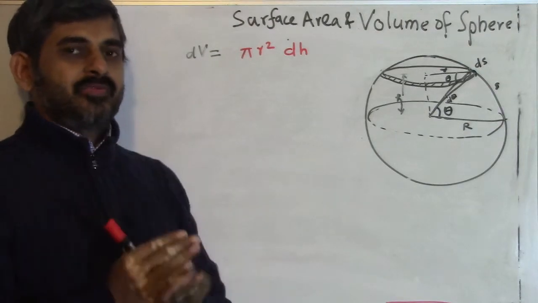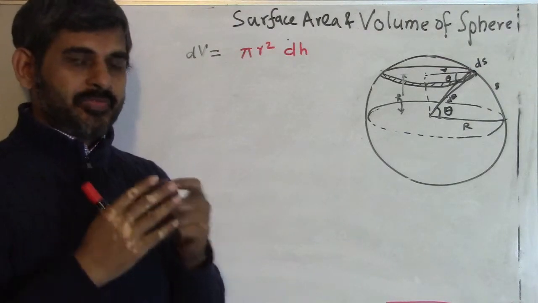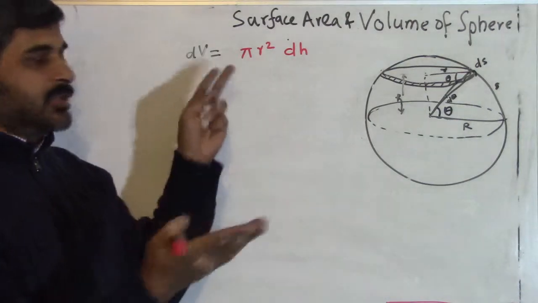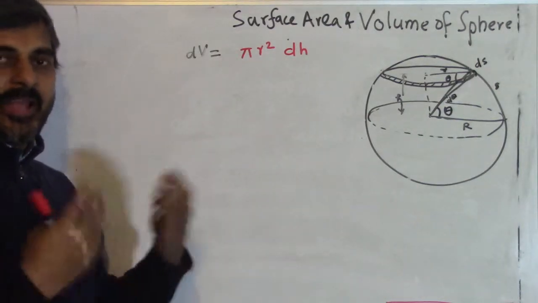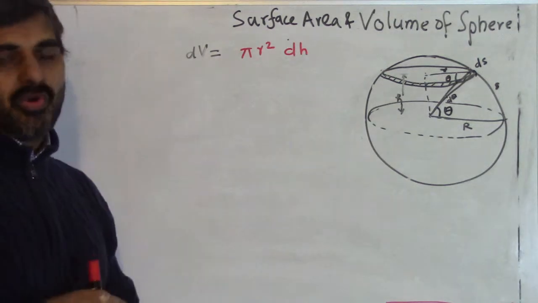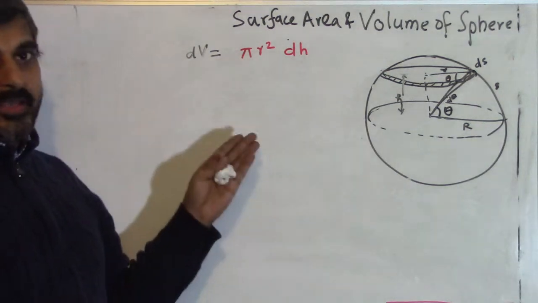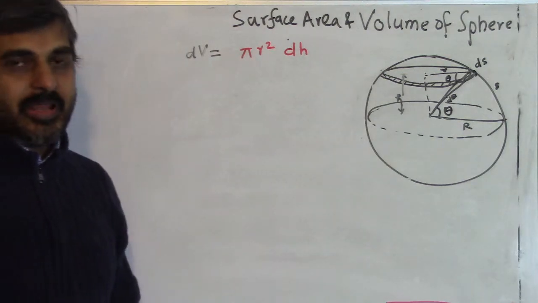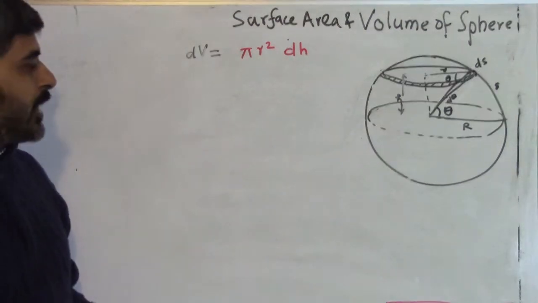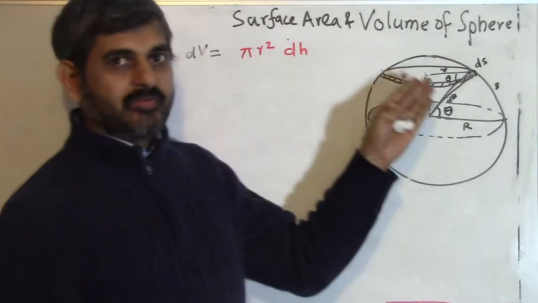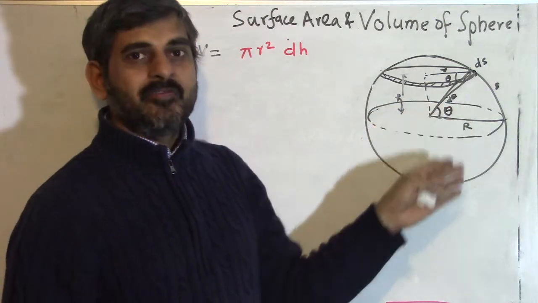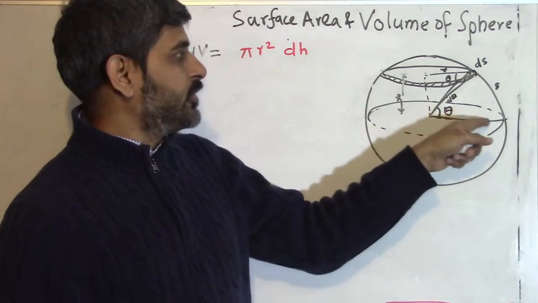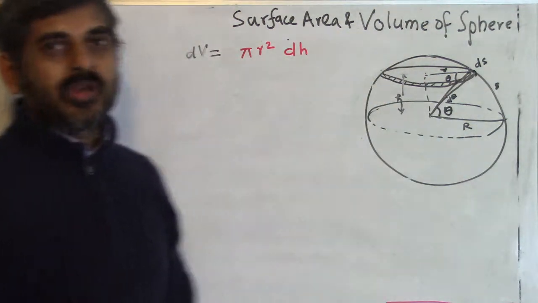We find the value of the thing that we need to find for a very small part, express this in terms of those variables, and then we integrate the whole thing. The key thing is how to express those variables in terms of one single variable that we can integrate. And here again, our final one variable will be theta, and theta will vary either from minus pi by 2 to plus pi by 2, or from 0 to pi by 2, and then we take twice of that.